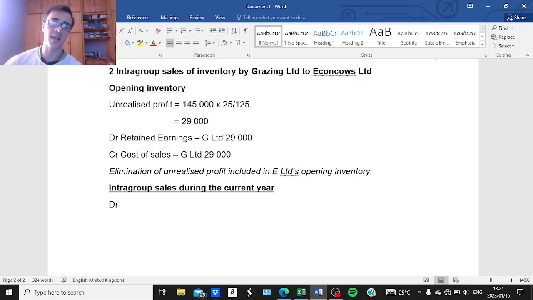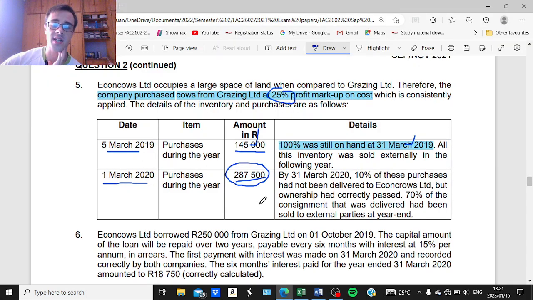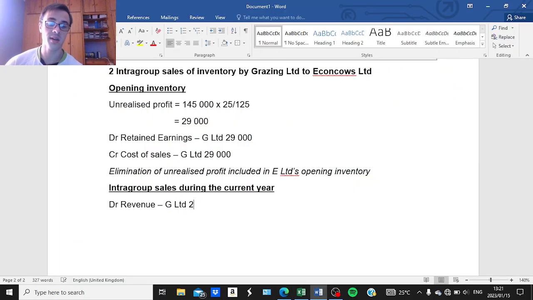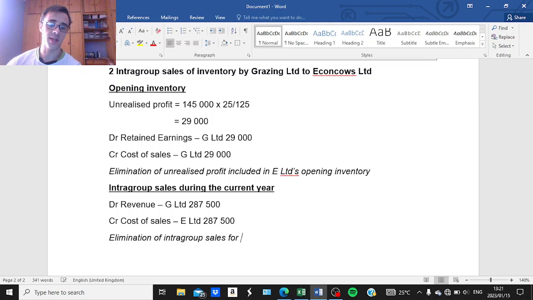And this will be done by debiting revenue or sales for Grazing Ltd, because Grazing Ltd has sold the inventory to Econ Cows Ltd. So the amount of 287,500 would be included as part of its revenue for the current year, 287,500, and we will eliminate that against the cost of sales account for Econ Cows Ltd. This is just the elimination of intergroup sales for the current year.